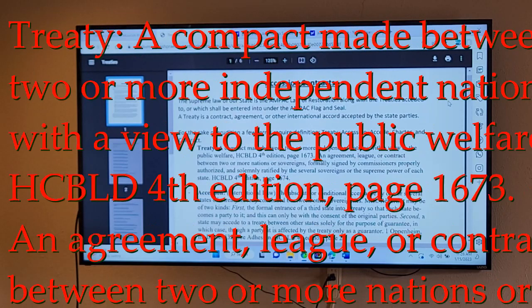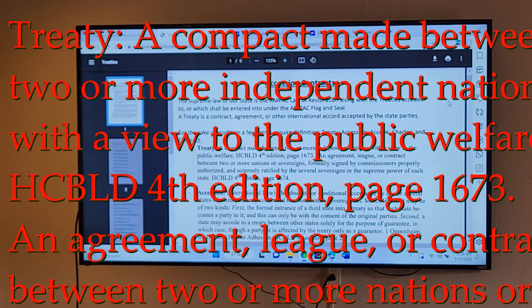Treaty: a compact made between two or more independent nations with a view to the public welfare. HCBLD, 4th edition, page 1673.